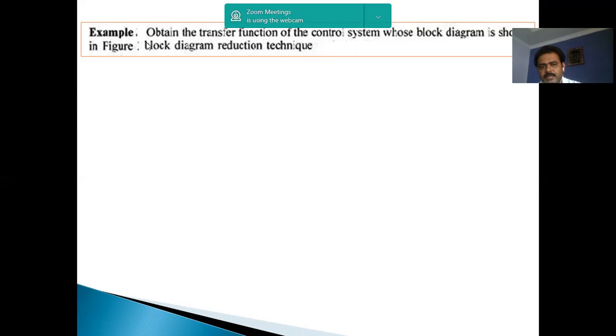If it is not specified, for example if the question asks to obtain the transfer function for a control system whose block diagram is shown in the figure, in that case we can use the signal flow graph method, or Mason's gain formula, or the block diagram reduction method. Any one we can use to get the transfer function model.